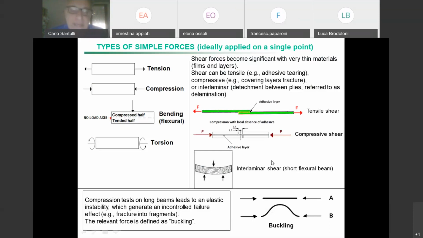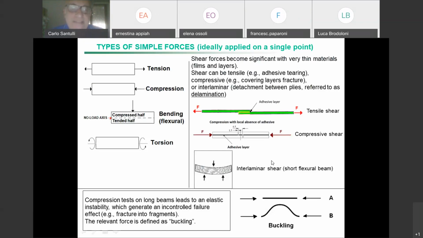Anyway, it is clear that some types of materials are better suited for some applications. For example, steel works better in tension. It's unlikely that you use steel in compression.